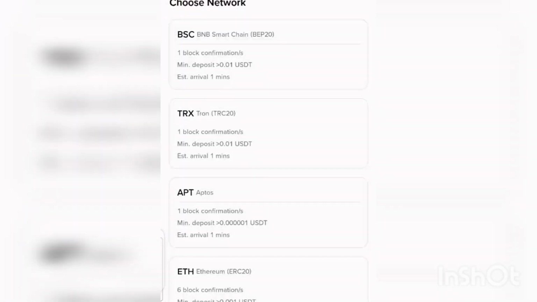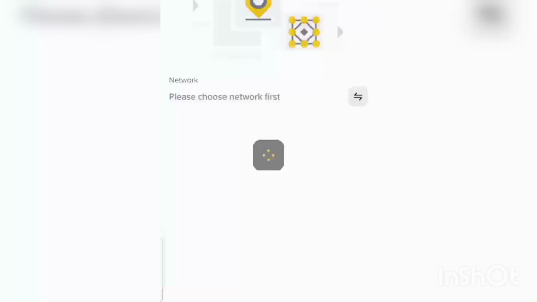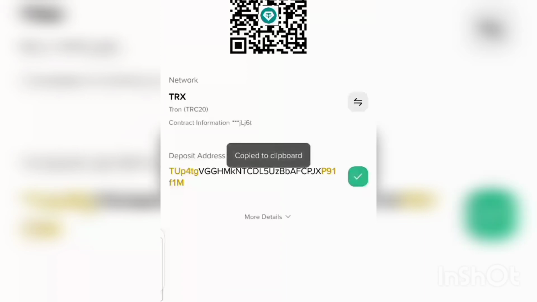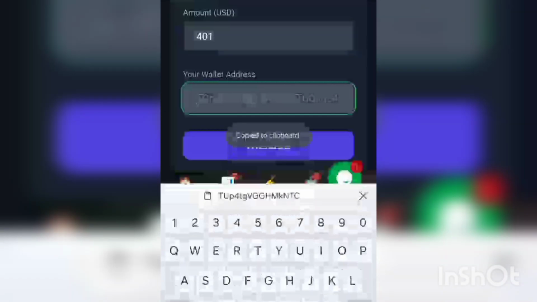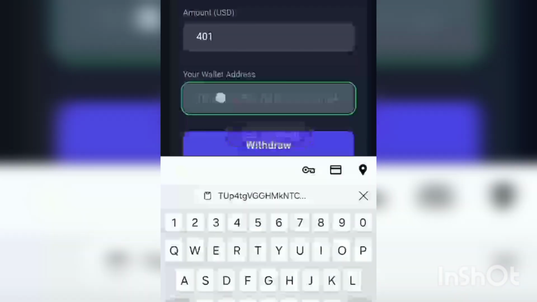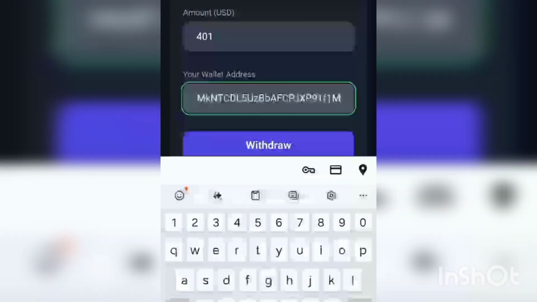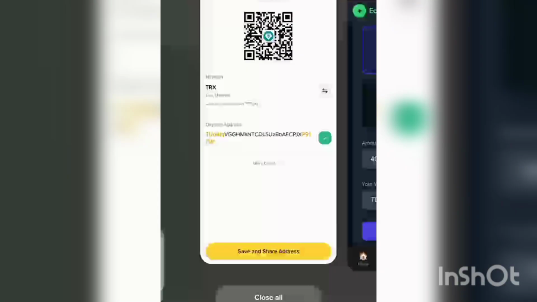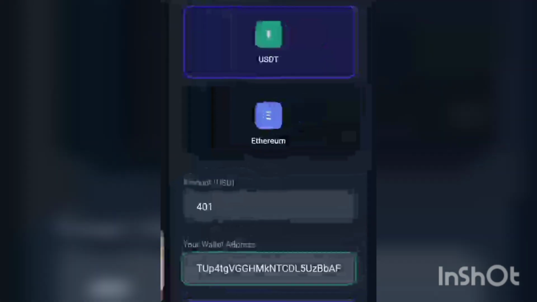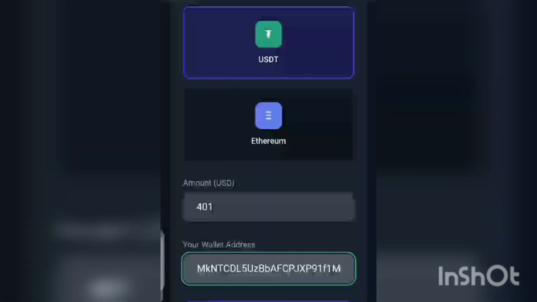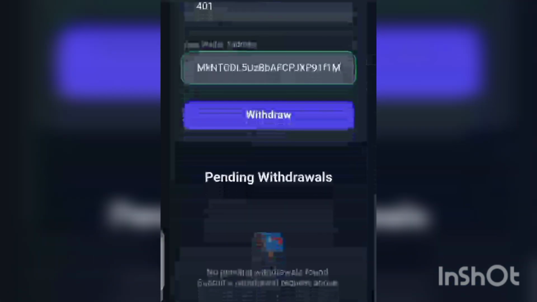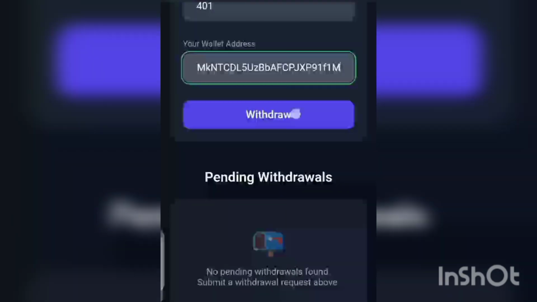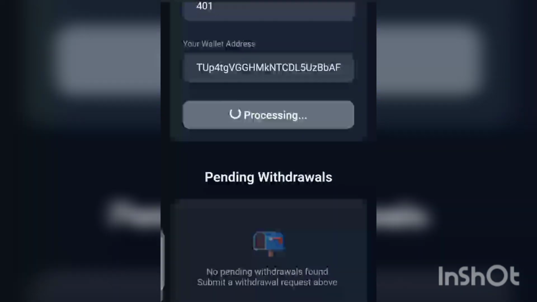So the next thing is to copy Tron, then go back to the bot. We are going to be withdrawing 401. Since we made 300 USDT plus our capital, that is 411, we are going to be leaving 10 USD here to make a withdrawal of 400.